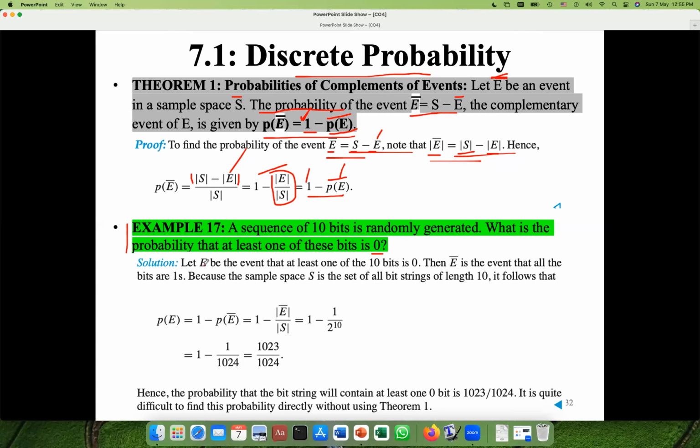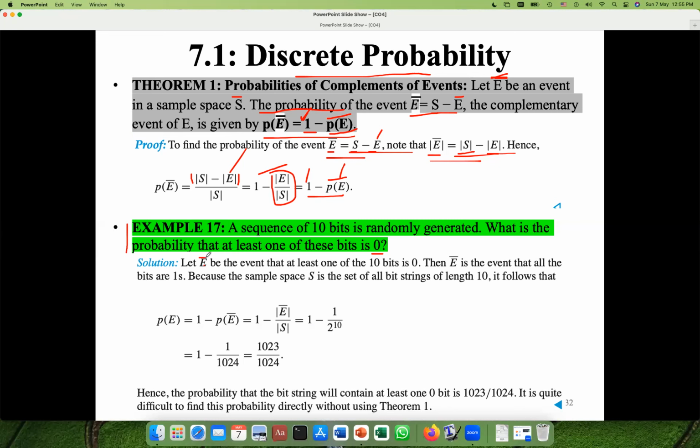For the previous topic, we have that equation and we can apply the product rule. But here we will go in a different direction. The event is that for which we want to calculate the probability: at least one of these bits is zero.